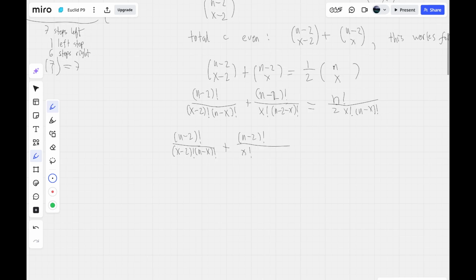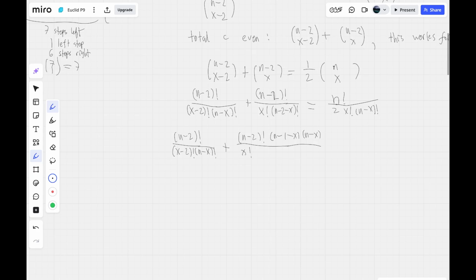So we can multiply both sides by n minus 1 minus x times n minus x. Notice n minus 2 minus x factorial times n minus 1 minus x times n minus x. Those two numbers are just the two numbers that are next to n minus 2 minus x factorial, right?